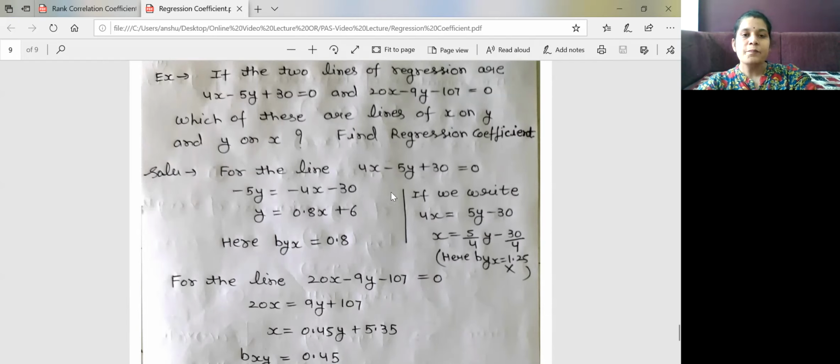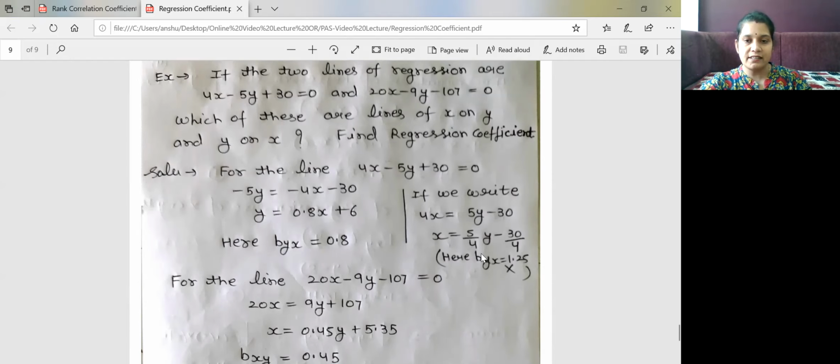For example, if we write this equation with 4x as it is, that means 4x on the left hand side and the other values on the right hand side, then 4x is equal to 5y minus 30. So x is equal to what? 5 by 4 y minus 30 by 4.